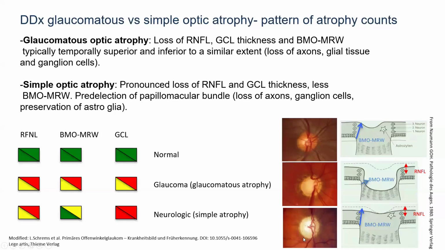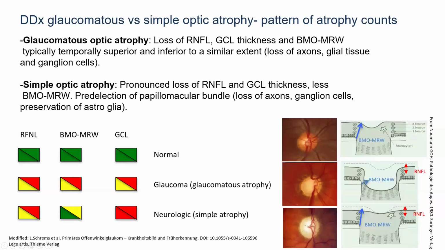But in the neurologic patients, when you appear with an optic disc failure, first in the temporal and later the whole rim becomes atrophic and pale, then we most often encounter a pronounced loss of ganglion cell layer thickness in the macula with the OCT, followed by nerve fiber layer thickness loss, most often on the temporal side, and most often the rim, unlike in glaucoma, does not change much.